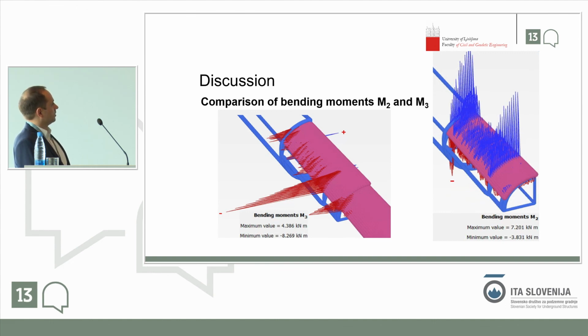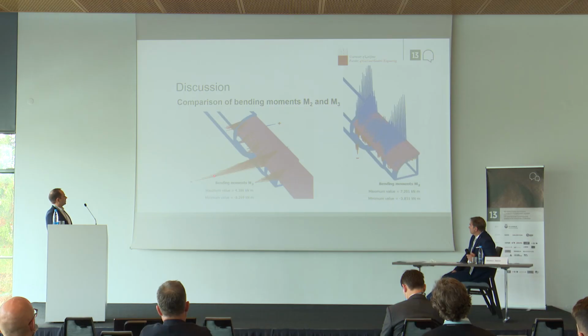On the other hand, the M3, the bending moment that goes in the other direction, increases from the top crown pipe to the pipe that is located on the edge. As it turns out, the maximum values are still of the same order, although the mechanism for the crown pipe is considerably different than in the pipe that is located on the edge.